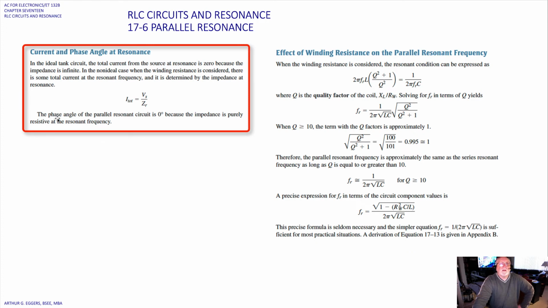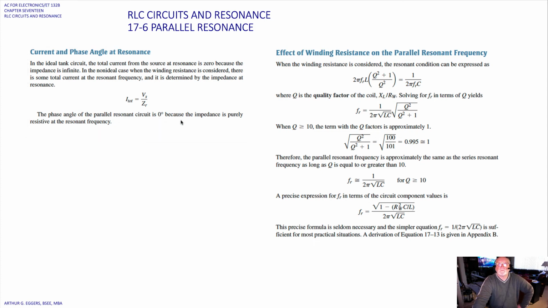The phase angle of a parallel resonant circuit is 0 degrees because the impedance is purely resistive at resonant frequency.